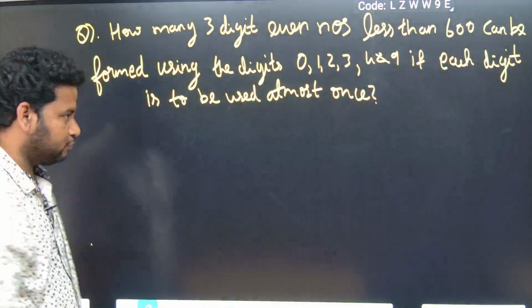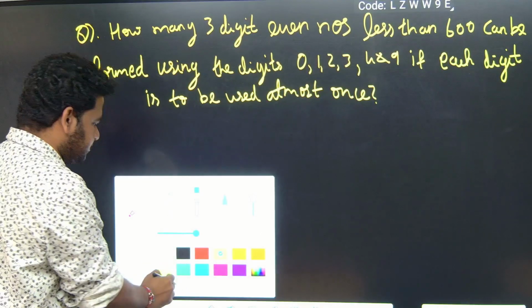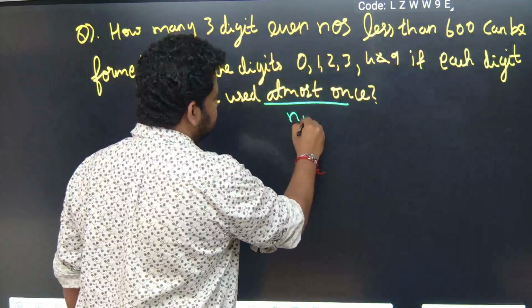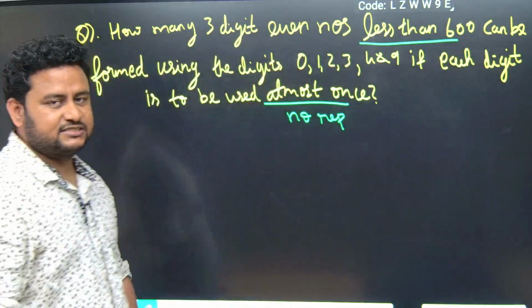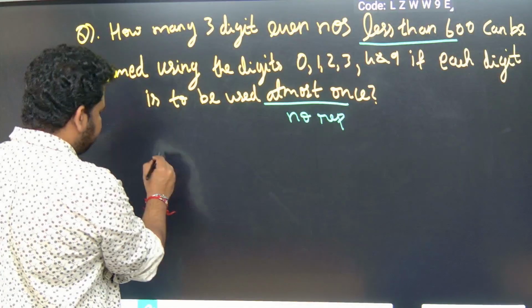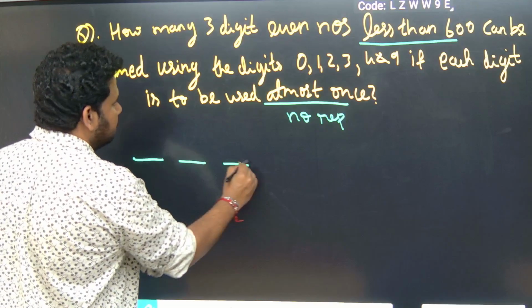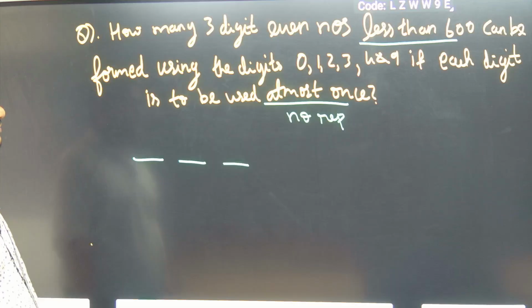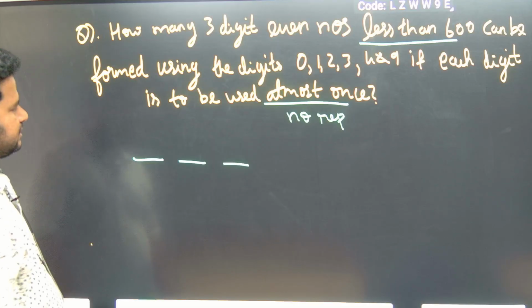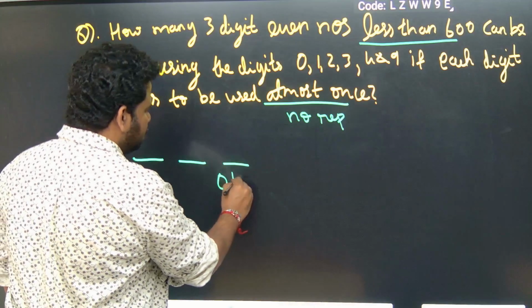So here the most important keywords are, focus on the keywords, that is at most once means no repetition, and less than 600. Okay, let us do it. So first of all, let us write it like this. So even numbers. So here what are the possibilities that we have? 0, 2 and 4, correct?